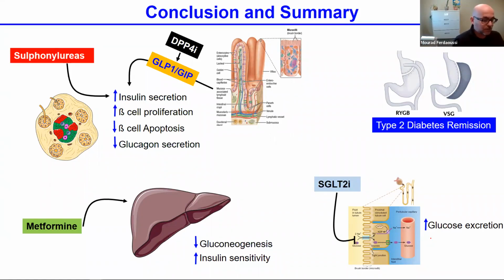So I think for now, the future of research is to understand how this remission of type 2 diabetes occurs, and whether we can develop a holistic strategy to develop different medications or treatments not to treat, but to cure diabetes.